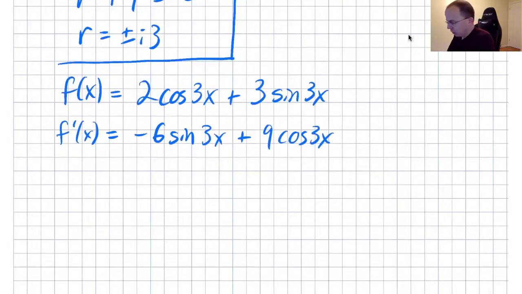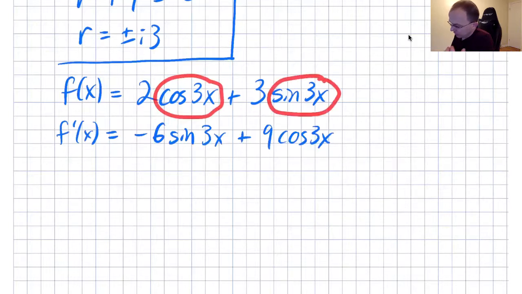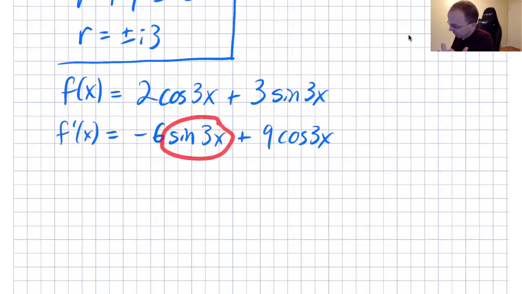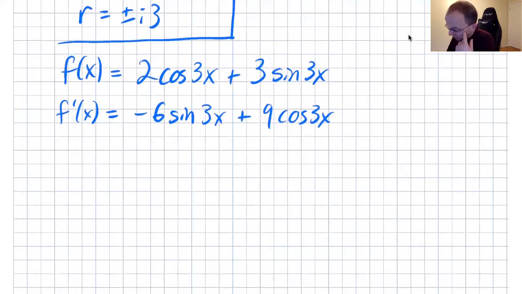And I know if I keep taking derivatives, I'm just going to keep getting terms like cosine 3x and sine 3x. If I keep taking derivatives, I'm not going to get anything different than those two functions. So those are my candidates for phi 1 and phi 2.